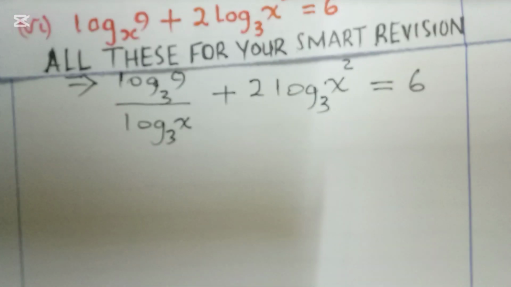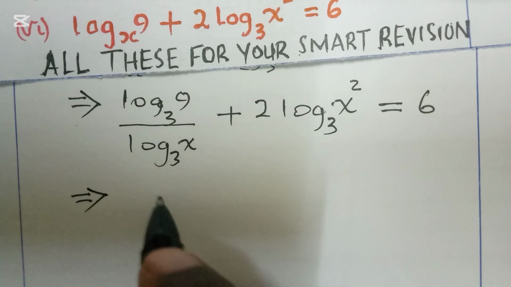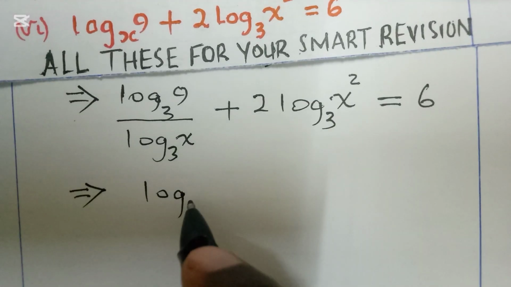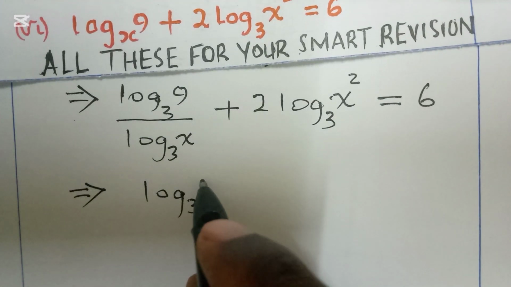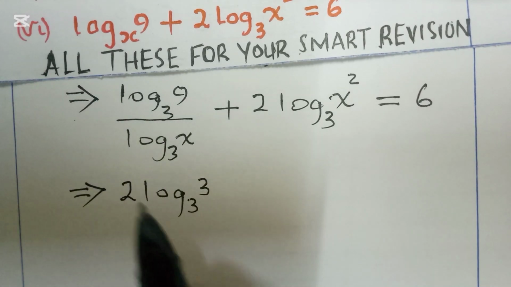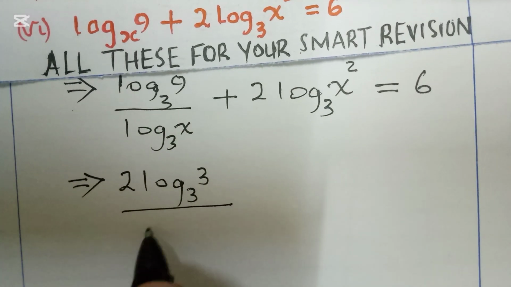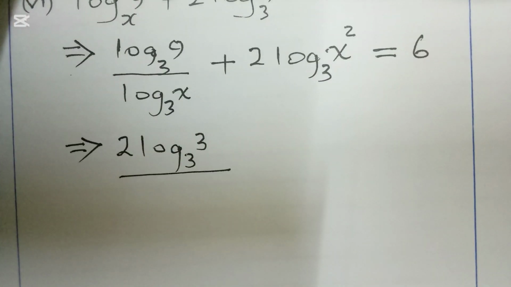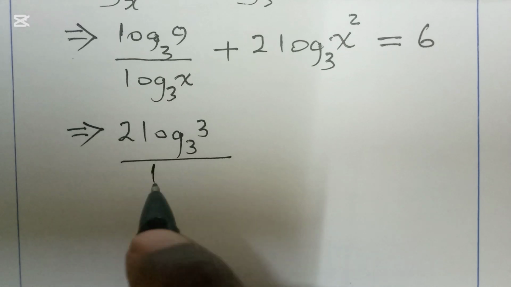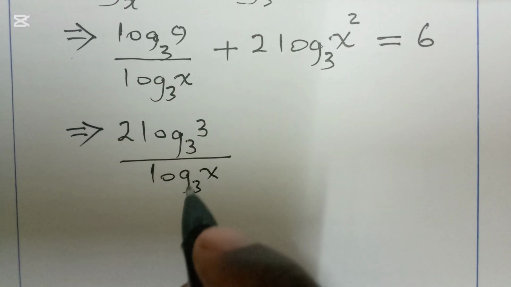Then I can write the 9 as 3 squared, and put the square here, that is 2, all over log to base 3 of x.